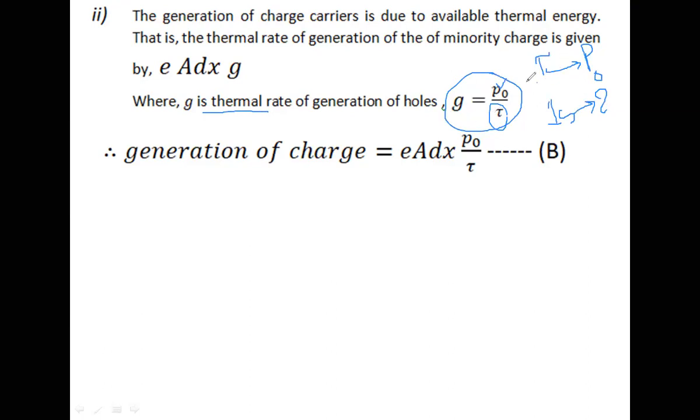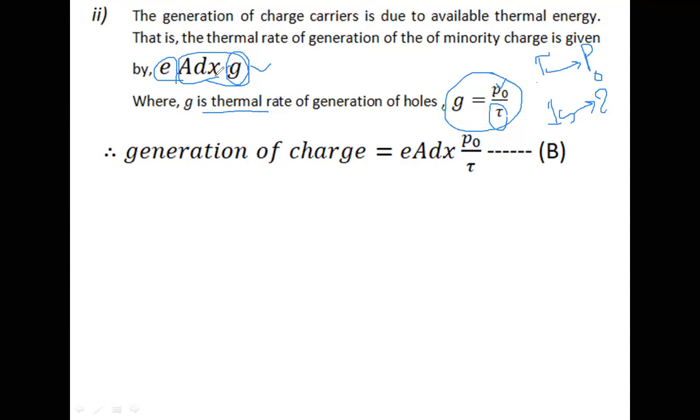That means the number of holes that are created per unit time, that we have considered as P naught by tau. And if you substitute this P naught by tau in this particular equation, that is e A dx into G. Again same, G represents the number of holes that are generated, and A dx into G represents again number within the entire volume of A dx, and multiplying with the charge e will give you the total positive charge that is generated because of thermal excitation.